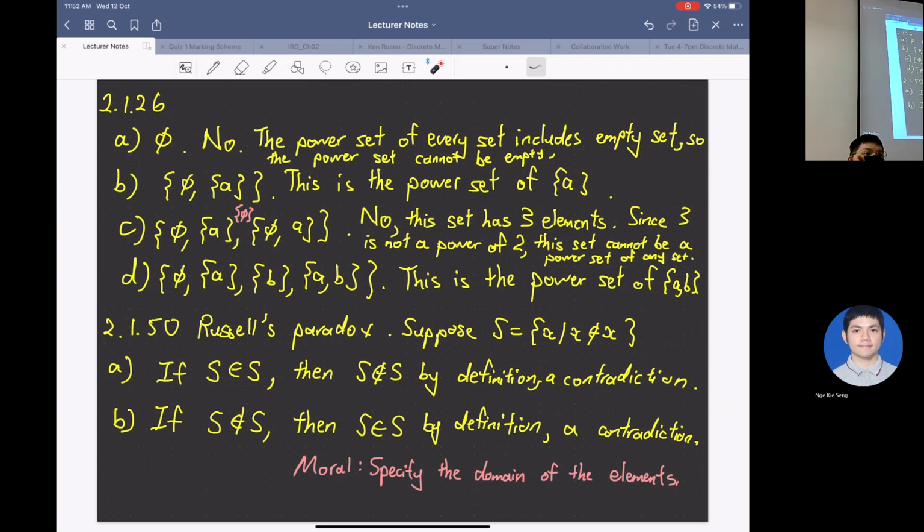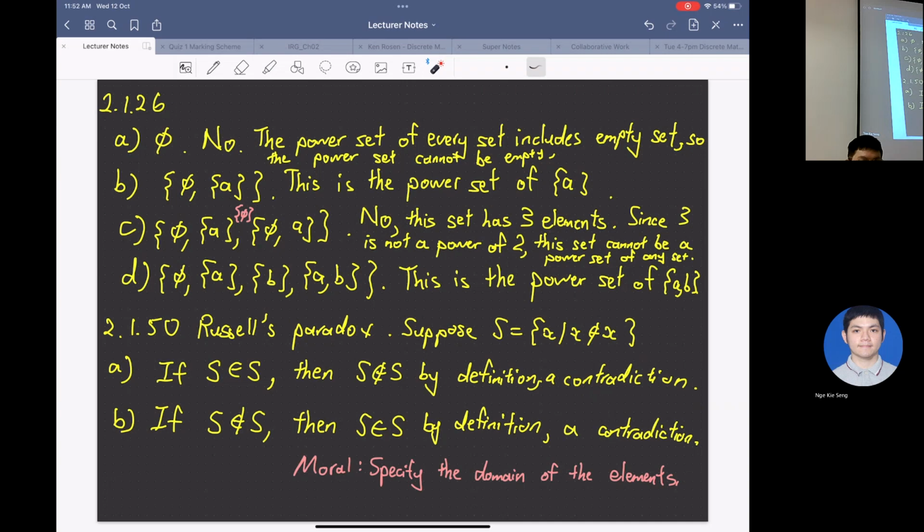You can define this kind of set, right? And what's this set here? This set is the set of all sets such that the set is not an element of itself. Does this set exist? Yeah, the question is this.